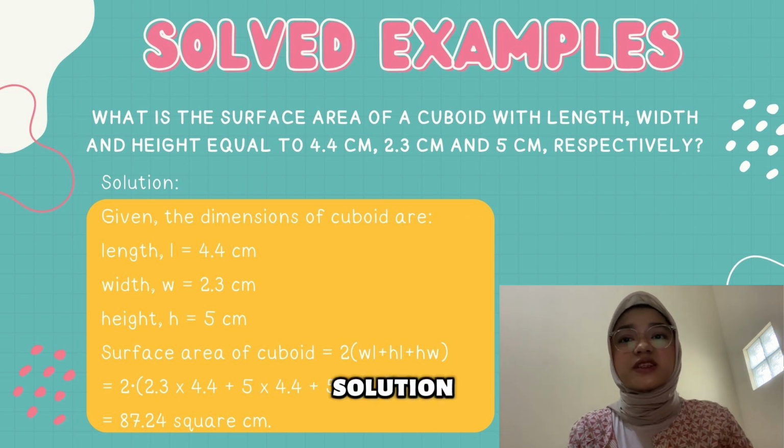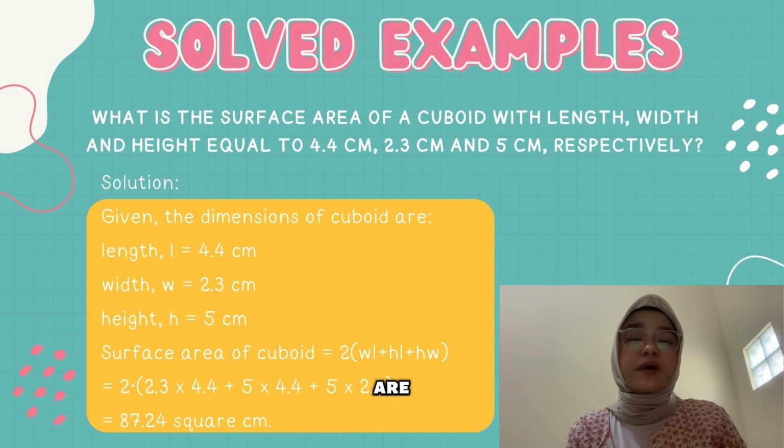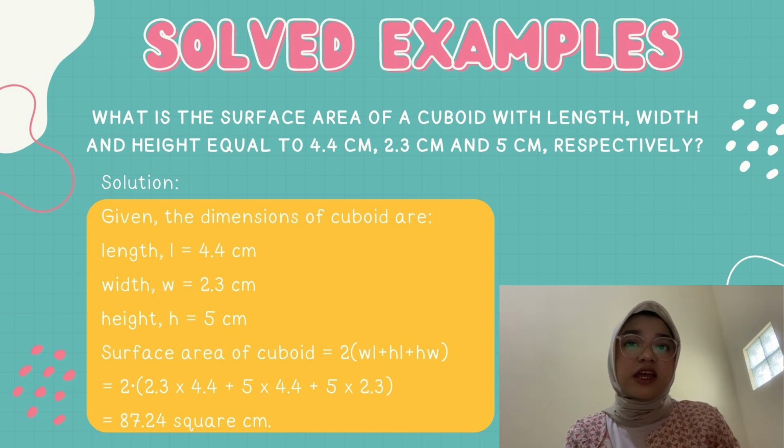Okay, for the solution, we are given the dimensions of the cuboid: length L equals 4.4 cm, width W equals 2.3 cm, and height H equals 5 cm.